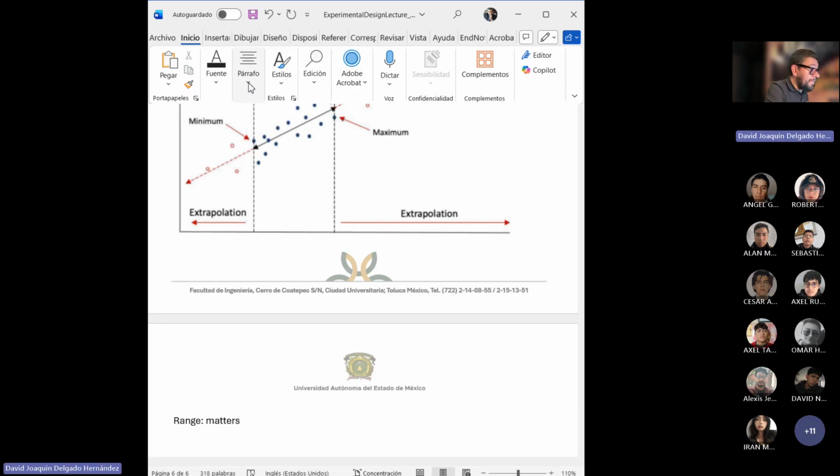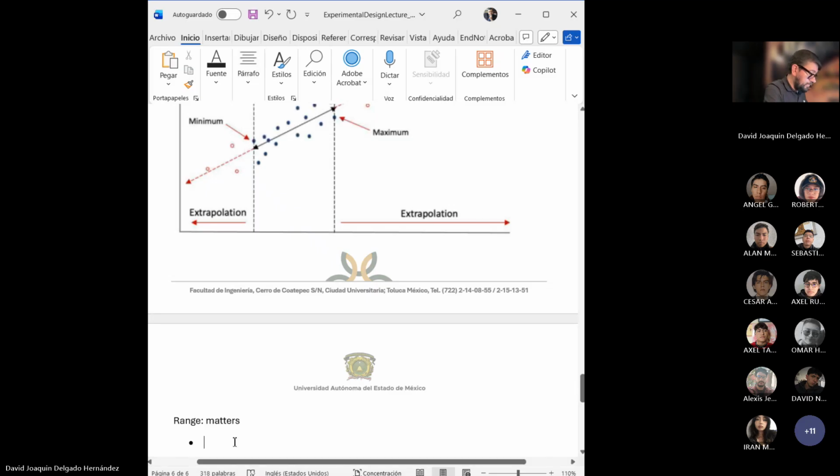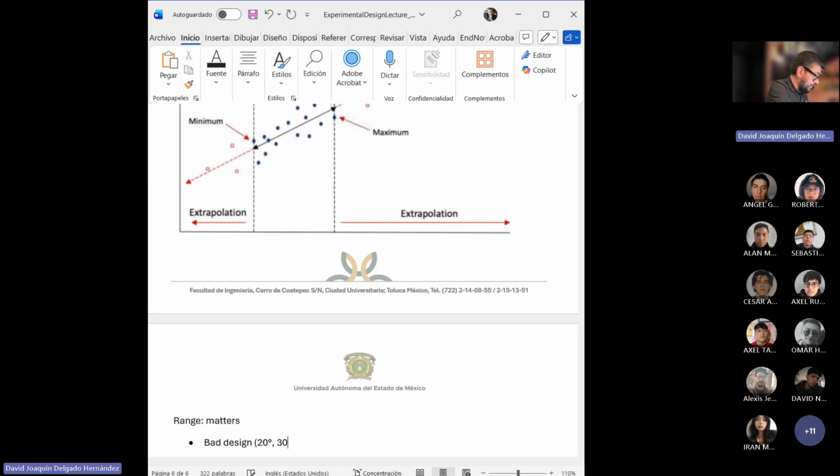So a bad design will only consider, let's say, 20 degrees and 30 degrees, for instance.